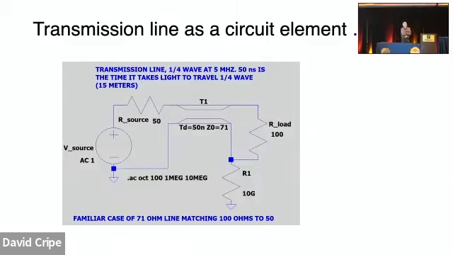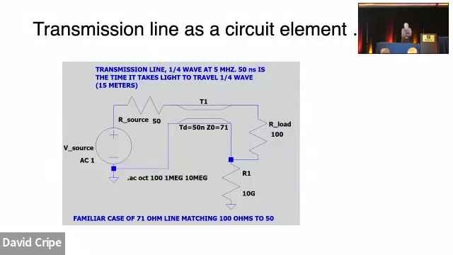Instead of the actual physical length, you give the amount of time in seconds it takes for a wave traveling at 300 million meters per second to traverse this thing. So now you have to back up, scratch your head a little bit, and get out the calculator, which I did. And I figured out a quarter wave at 5 megahertz is 50 nanoseconds long.